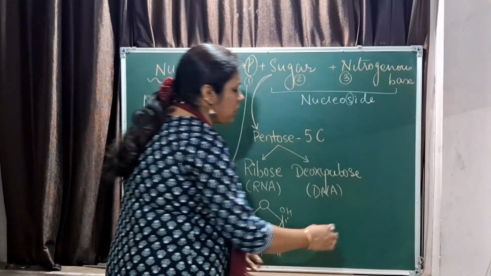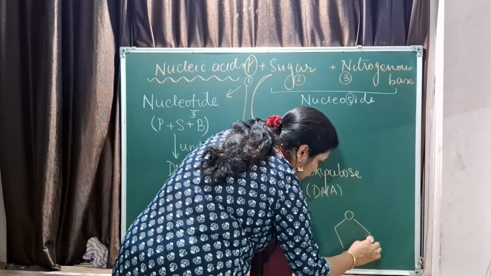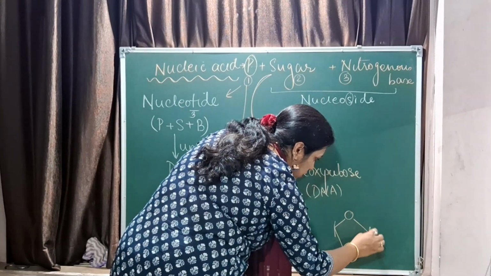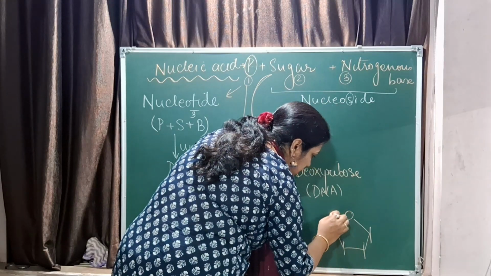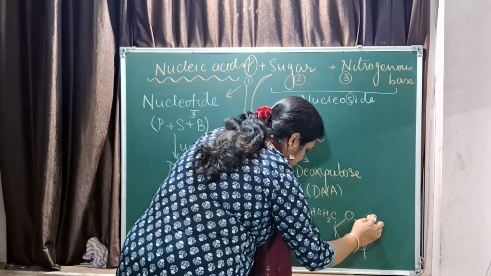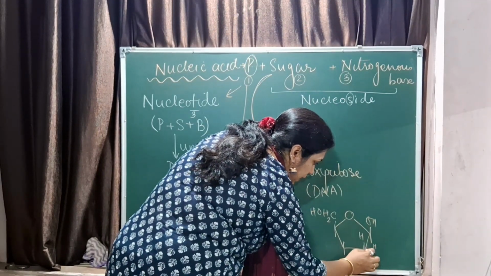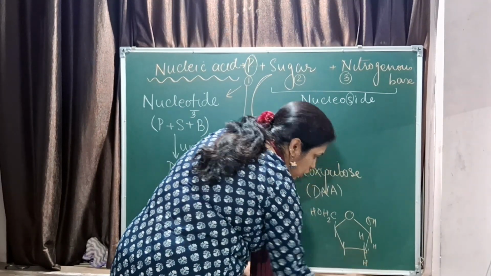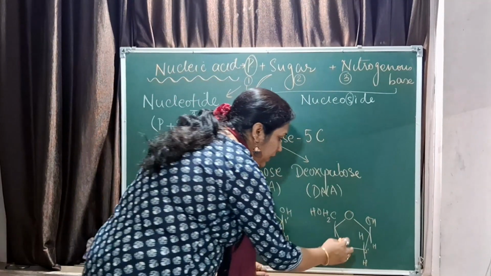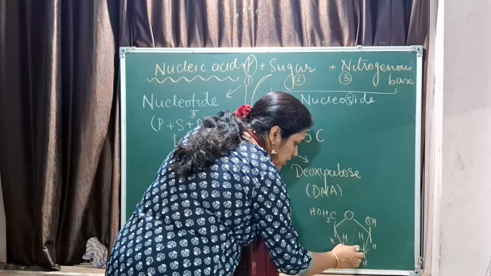What happens in deoxyribose? The sugar structure is similar, right? You understand the pentose sugar, and it has got a similar structure, exactly the ribose structure, but the 2' OH is missing, and it has got only 3' OH present.